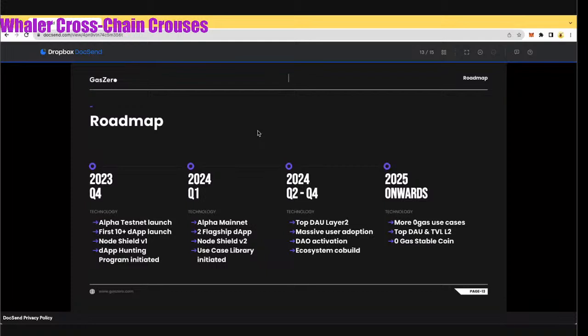So first of all, we're going to launch our two flagship dApps. We don't want to launch a huge amount and support a huge amount. If some people want to come, we will support it, but we also want to know that these will be strong dApps, and we want to promote them as leaders on GasZero.